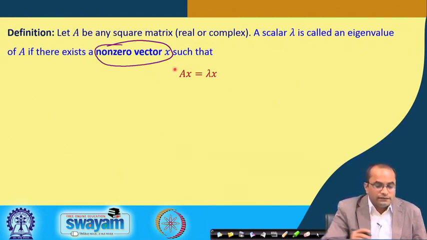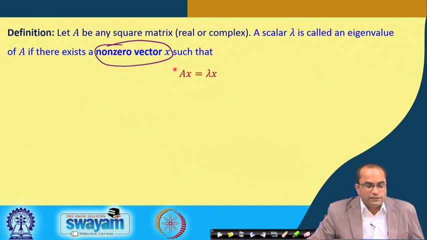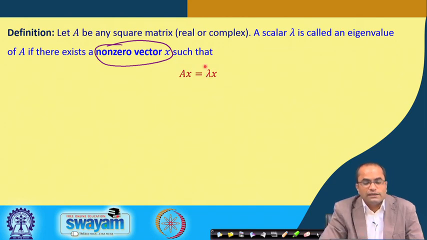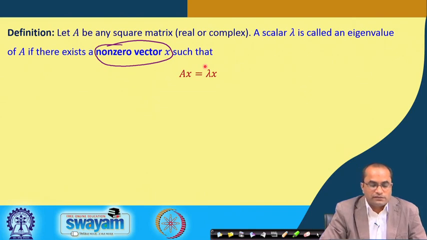So, exactly as in the previous example, we have such a vector x whose multiplication with the given matrix, A x, is nothing but lambda times x, and this lambda is some scalar, some real number or a complex number.